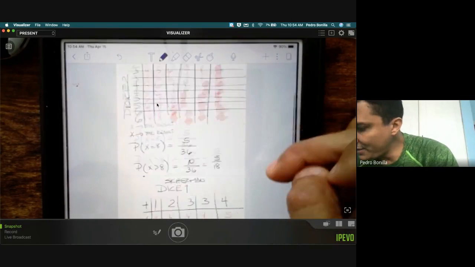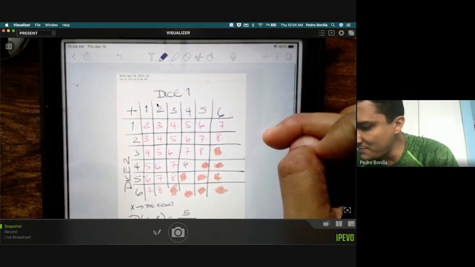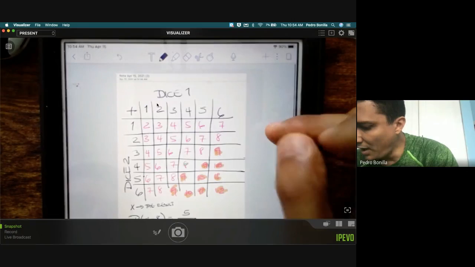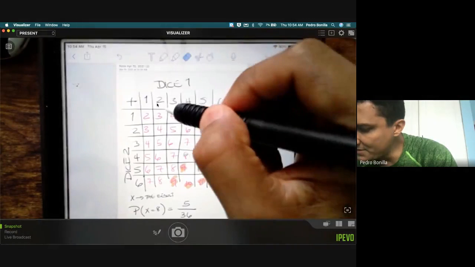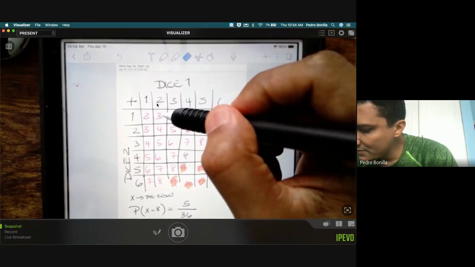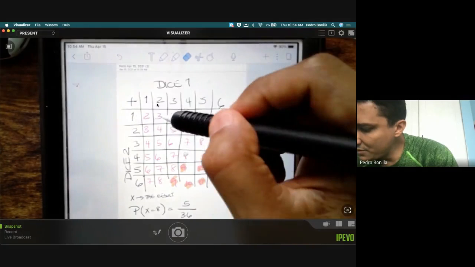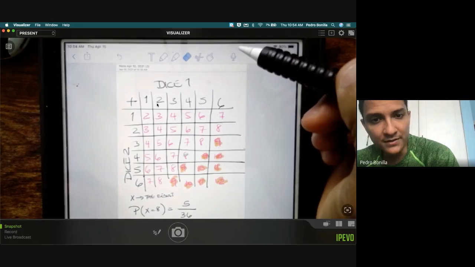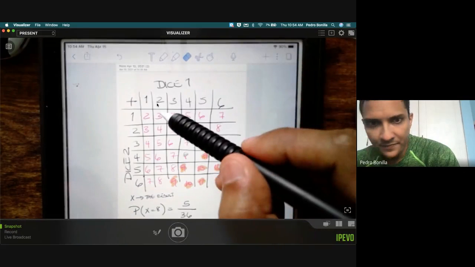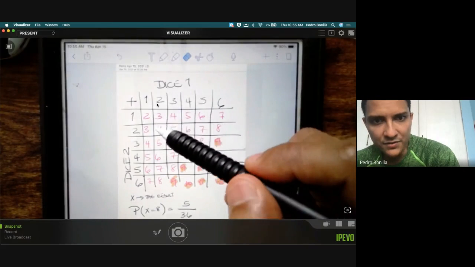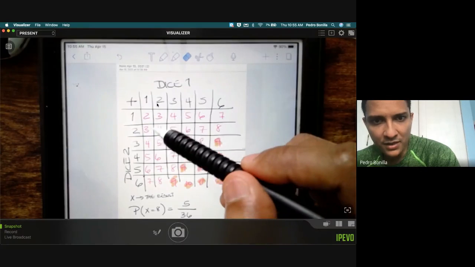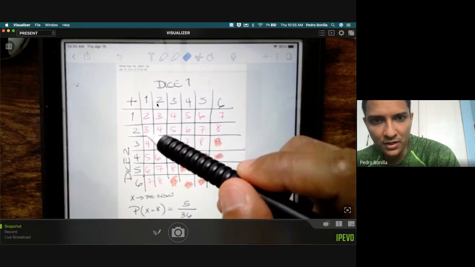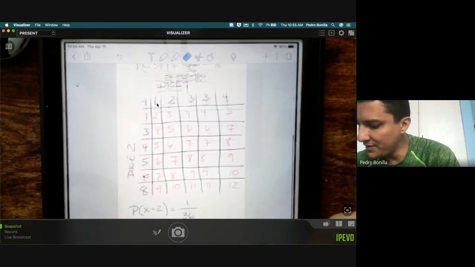I think that there is one that is not the same. Sorry, it's because I made a mistake here. Here's 1, 2, 3, and here's 1, 2, 3. No, yes, it is correct. So look at this. For 3 it is not the same. In 3, we have 2 here in the normal dice, 2 out of 36.